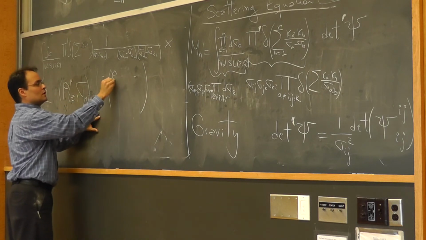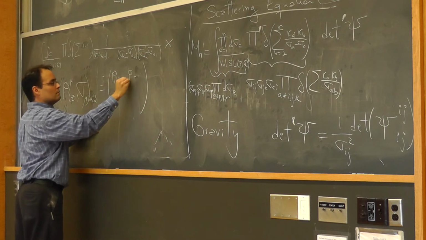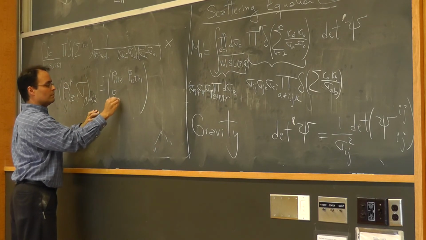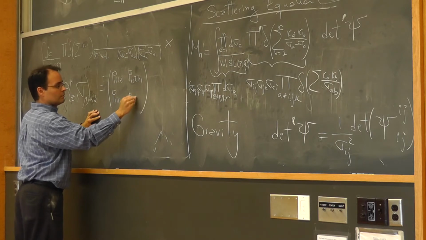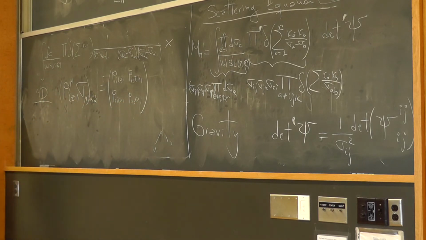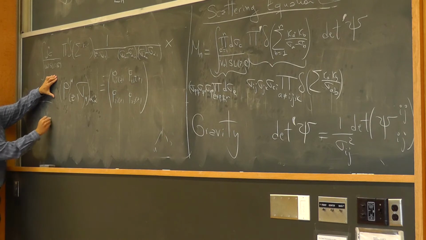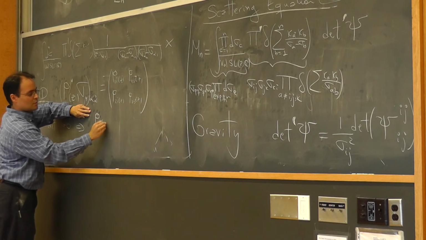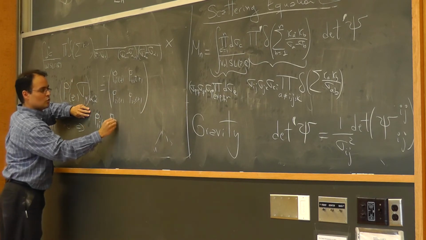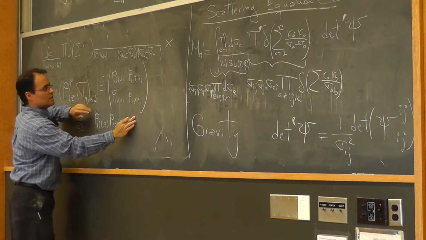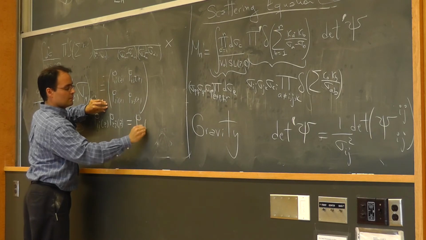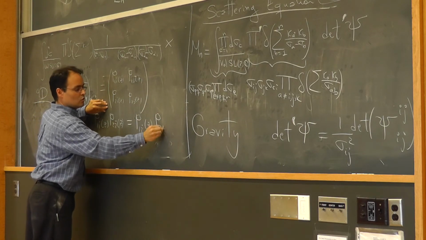So this is a matrix of polynomials whose determinant has to be 0. Okay? So the determinant vanishing implies that P11 as a polynomial times P22 has to be equal to P12 times P21.